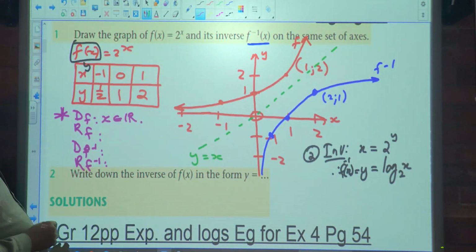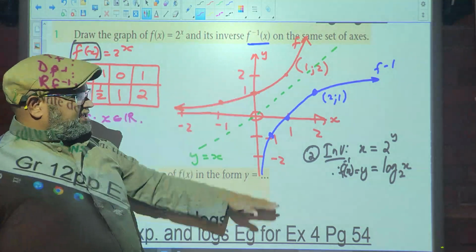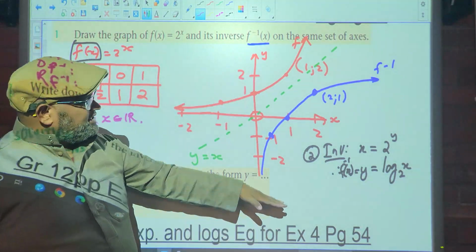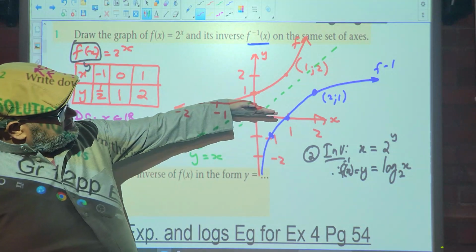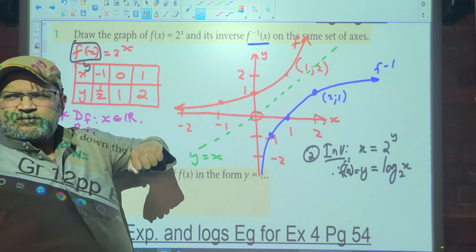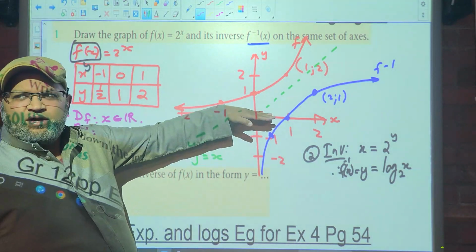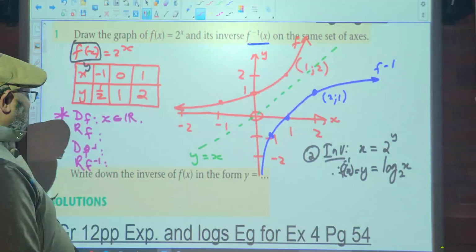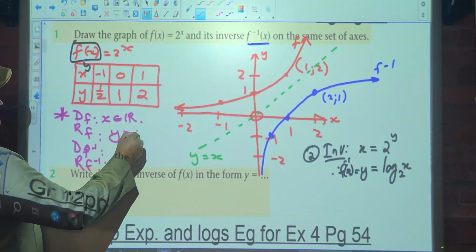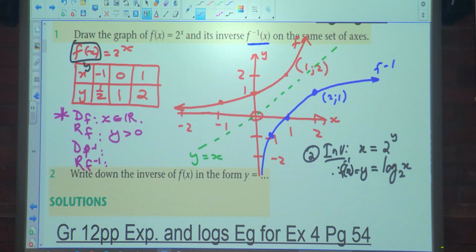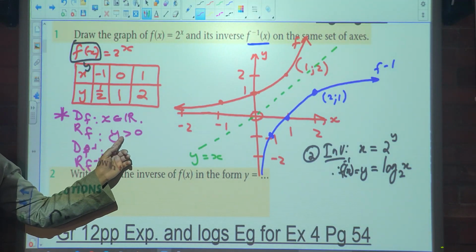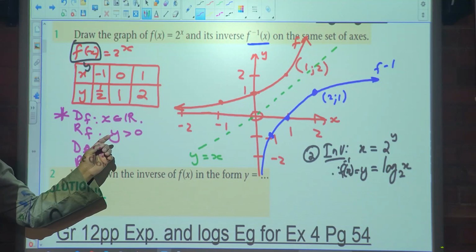Let's look at the range. Does this graph exist at negative infinity? No. Where does it start existing? From 0 onwards. So we say y is greater than 0. People, it cannot be equal to 0. Why not? Because the graph never touches the x-axis.